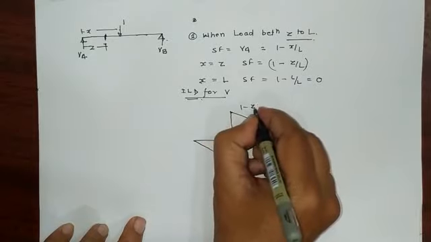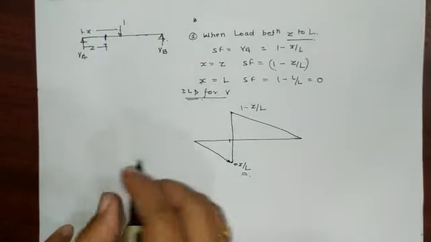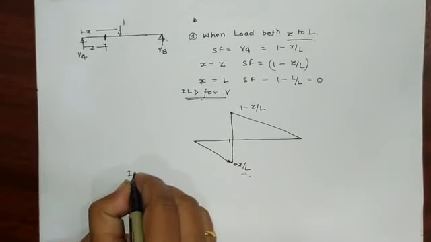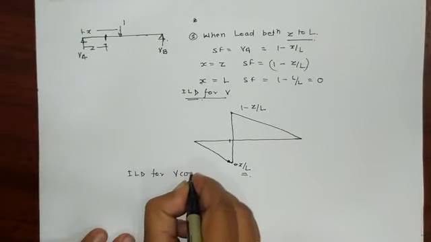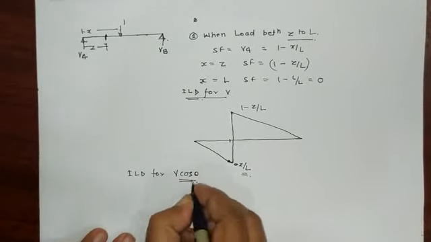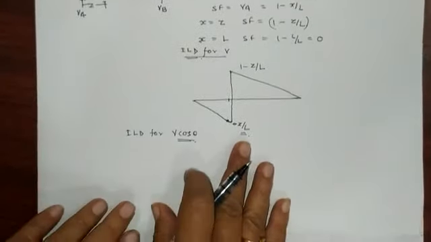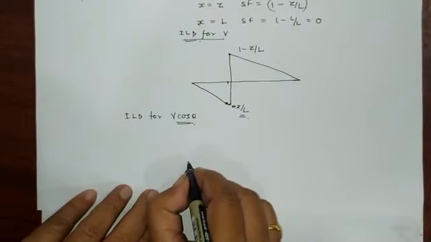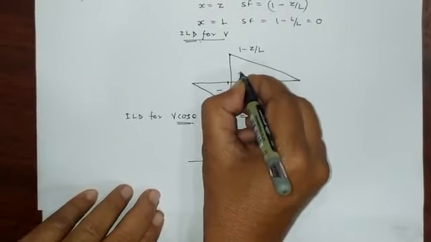So 1 minus Z by L, and this is Z by L. Now our aim is to find the ILD for V cos theta. So multiply this diagram by cos theta. So this can be modified like this, and this part is negative and this part is positive.